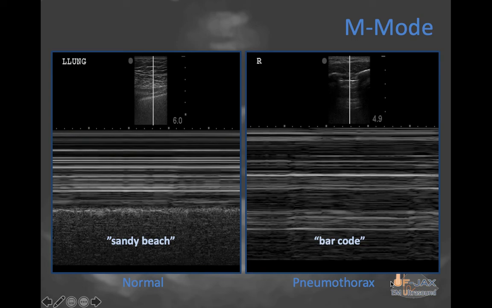By placing your M-mode cursor on the pleura centered between two ribs, we can take a tracing of the movement of the pleura. A normal lung pleura will move and therefore create a tracing, which has classically been described as a sandy beach. A pneumothorax, on the other hand, will lack any motion and therefore create a straight line across the tracing, denoting the classic barcode sign.